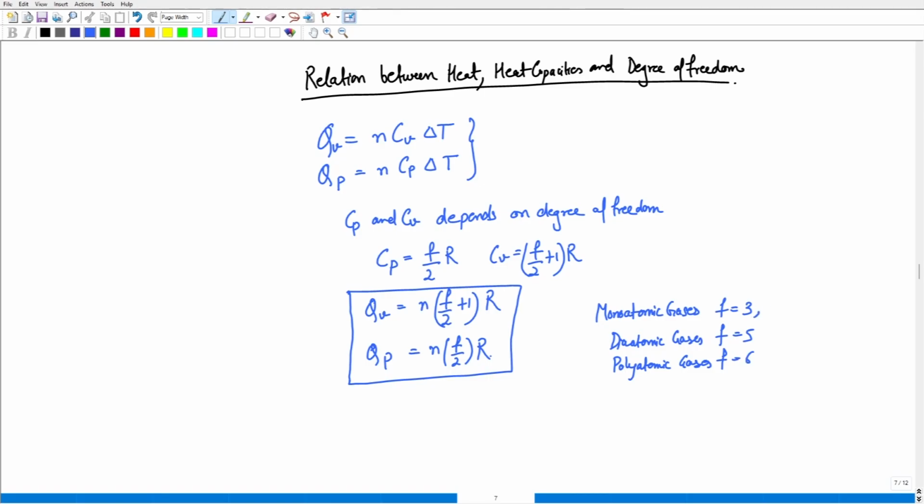Examples of monoatomic are helium, neon, argon, etc. Diatomic are oxygen, nitrogen. CO2 also comes under diatomic because it is linear in nature. For polyatomic it's O3 and so on.